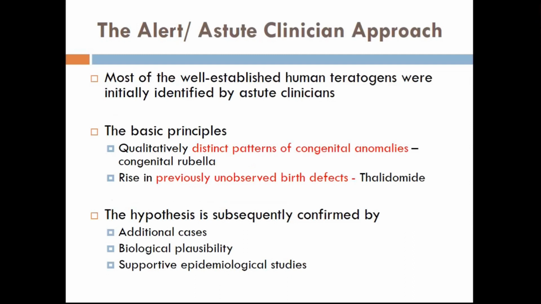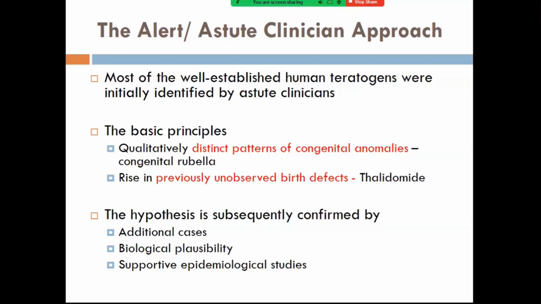The basic principle is a qualitatively distinct pattern of congenital anomalies, like congenital rubella, which presents with a triad of cataract, chorioretinitis or eye anomalies, and deafness, right? So there is a very distinct pattern of anomalies.